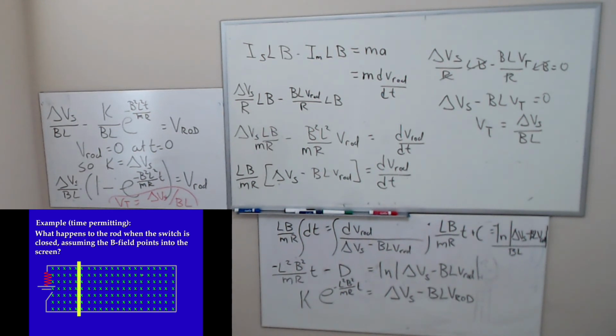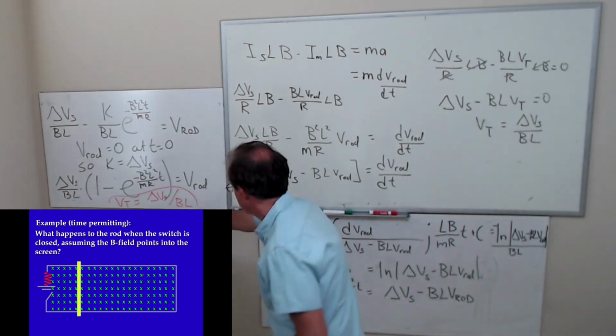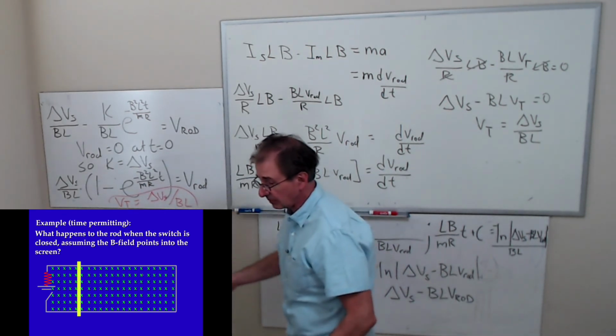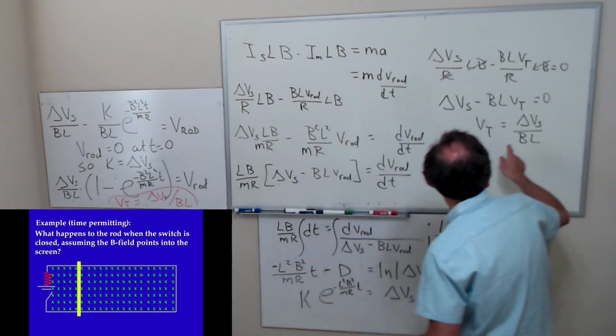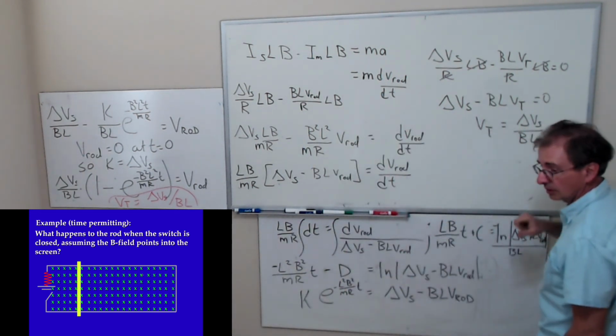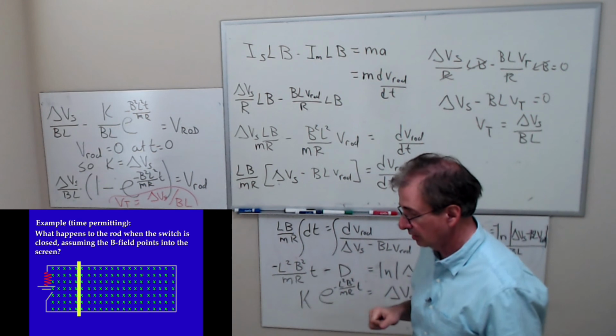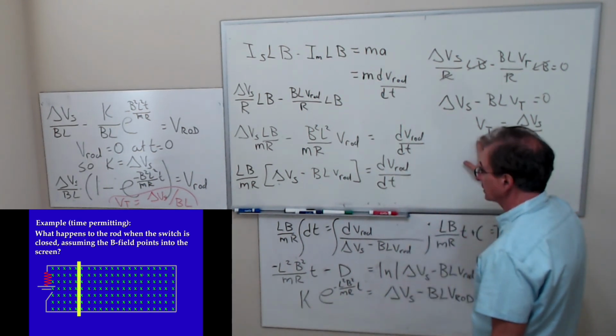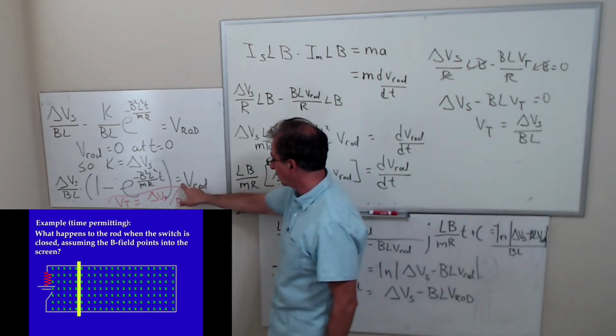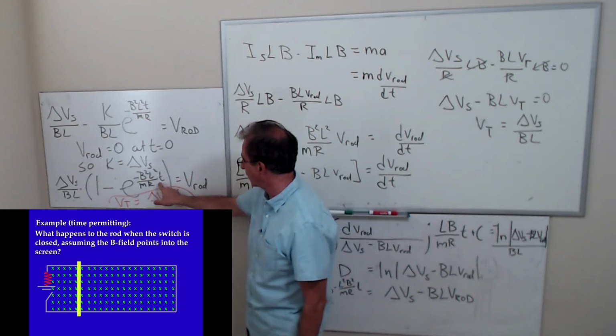Hold on, let me go back here. Which V are you describing? Are you talking about this V? The V sub S is the power supply voltage. This is the supply voltage. This is the terminal velocity. So basically what I said was, where's the velocity at t equals 0, at t equals infinity?